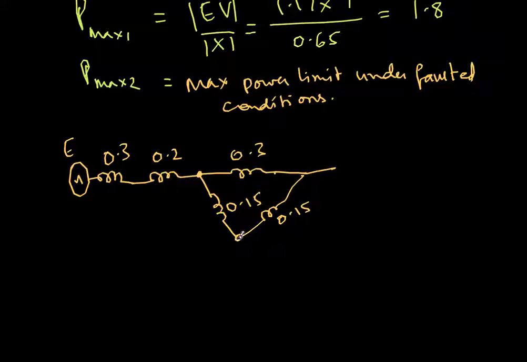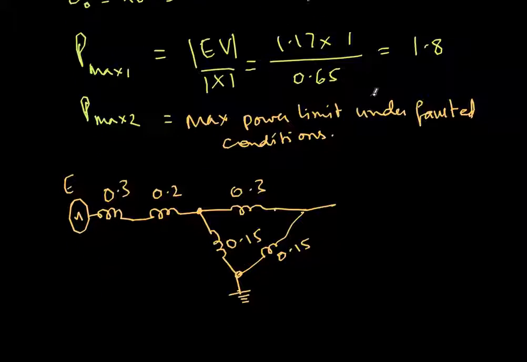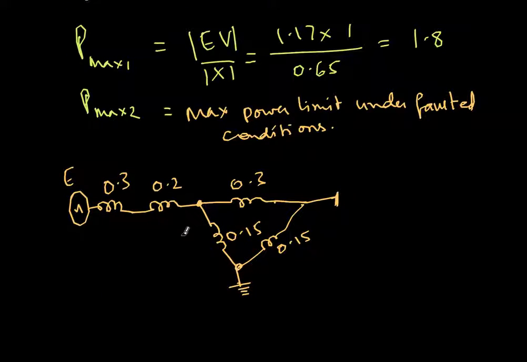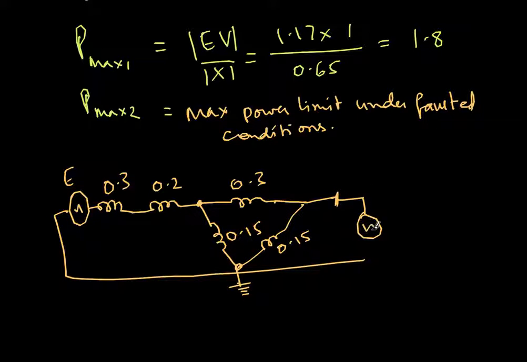So this point is connected to the ground, and then the receiving end directly is your final bus. So here I have EMF E, and then here I have the infinite bus voltage, that is 1.0 angle 0 degrees.